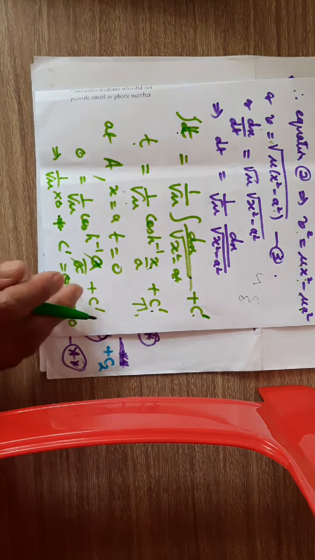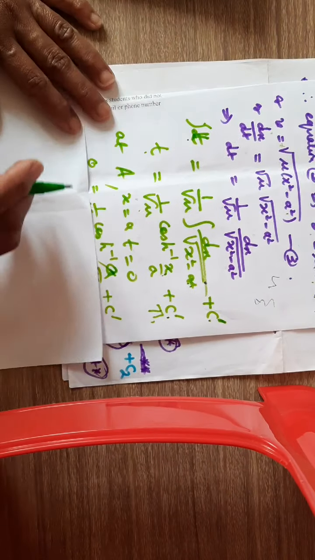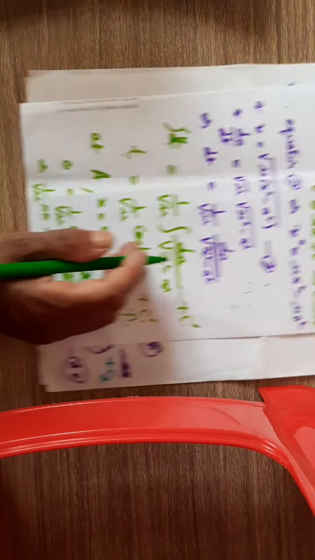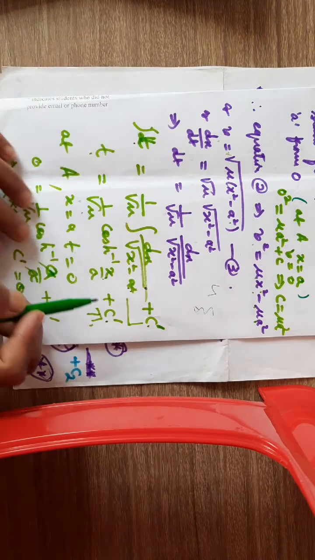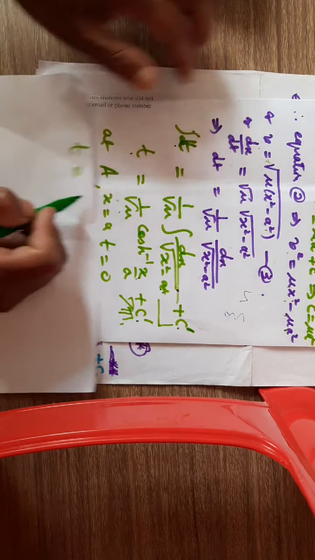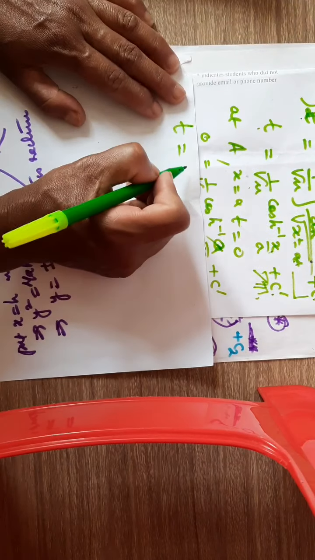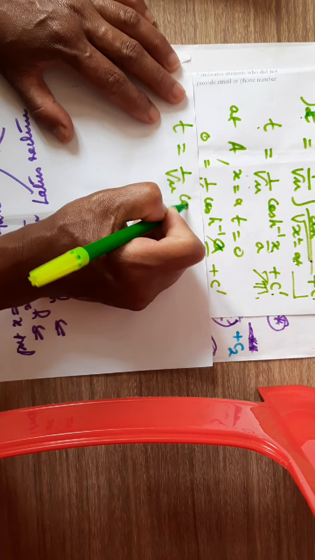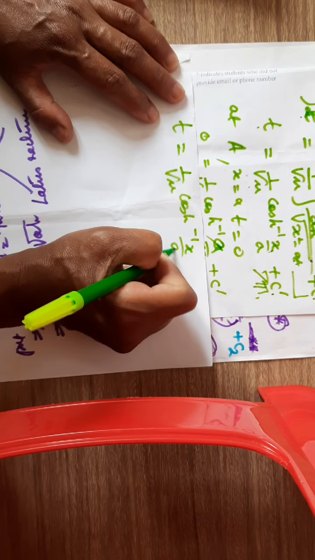And here you will see that this equation now becomes t is equal to 1 by root mu cos hyperbolic inverse of x by a.